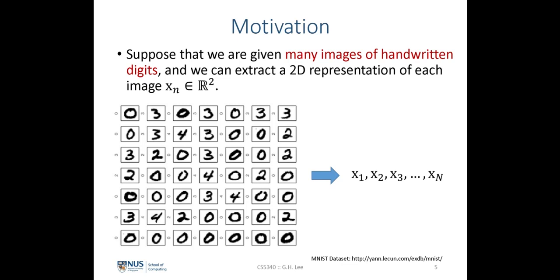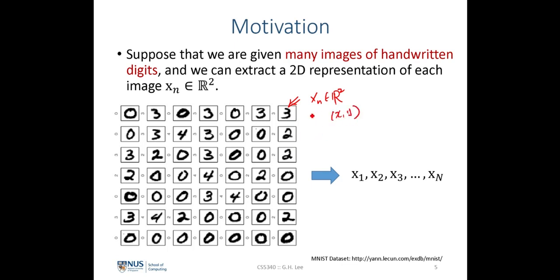Now, suppose that we are given many of these images, and for each one of these images we can extract a 2D representation. Suppose that for this particular image, we can extract a vector xn, which is in a two-dimensional space. This means that I can represent this particular digit with just two numbers, x and y, for example.